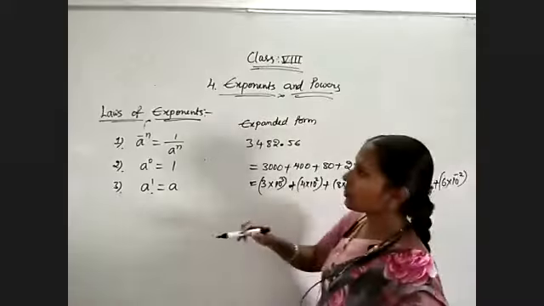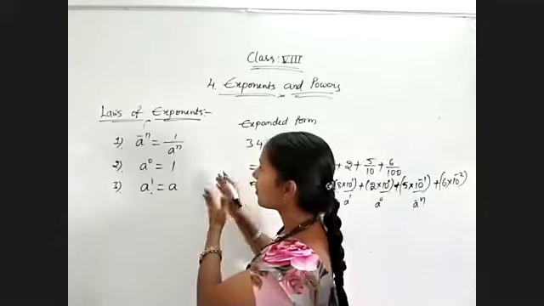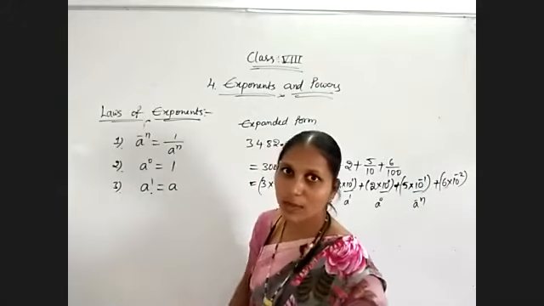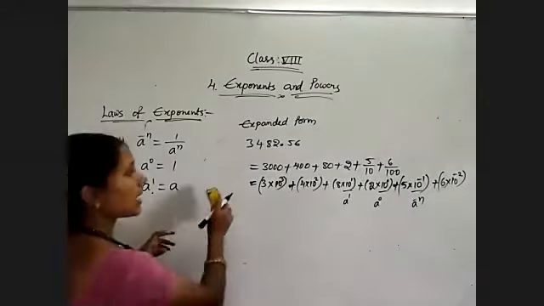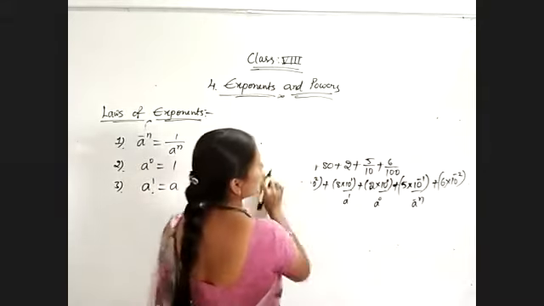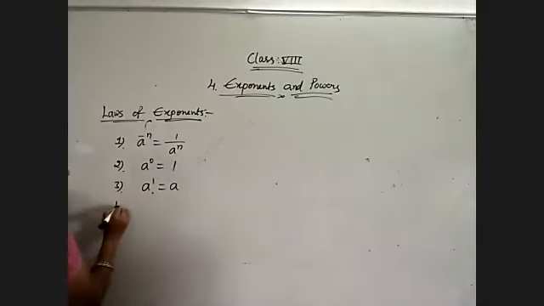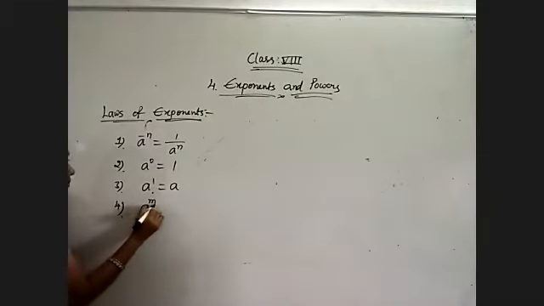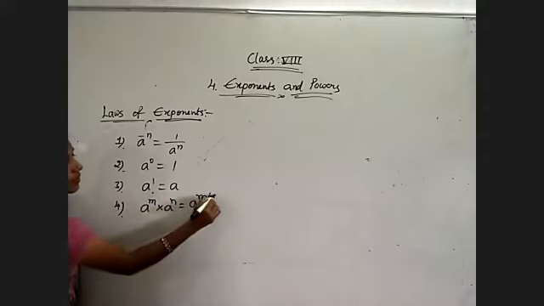So as I told you, not only left to right, we need to know right side to left side expansion also. Now, coming to the remaining laws, we have also discussed a to the power of m into a to the power of n is equal to a to the power of m plus n.